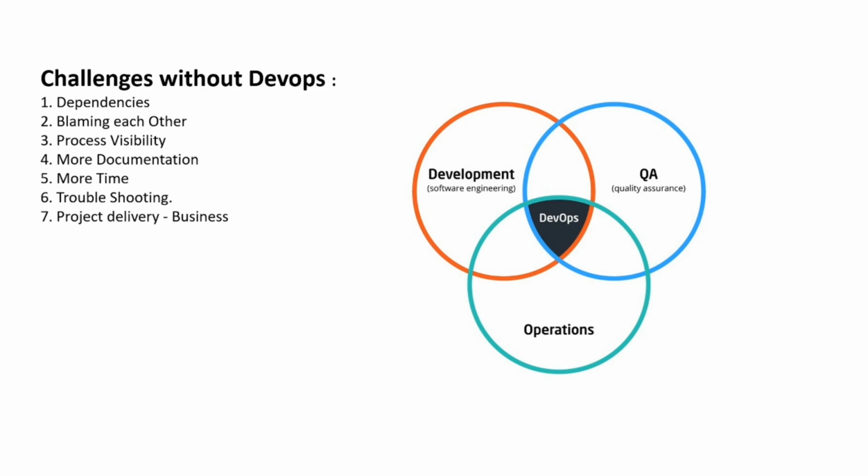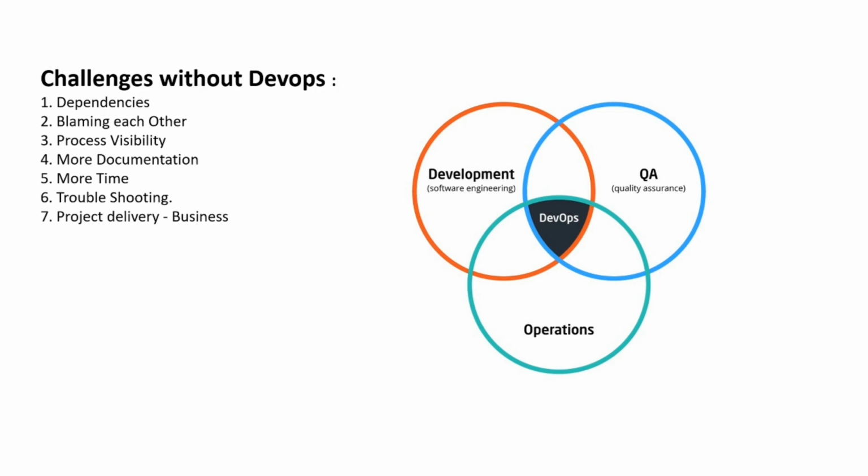The development team says that whatever code you are getting, everything is properly working and running fine. So there is a gap. That gap makes people misunderstand, and they can't easily see what exactly the problem is. So that's where blaming each other comes into the picture.